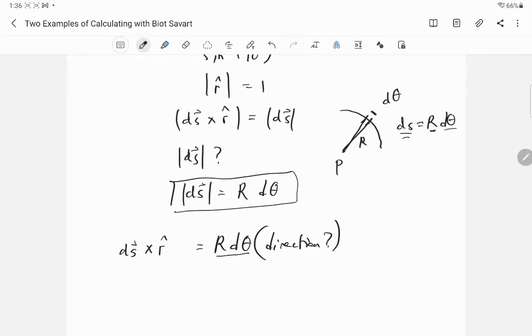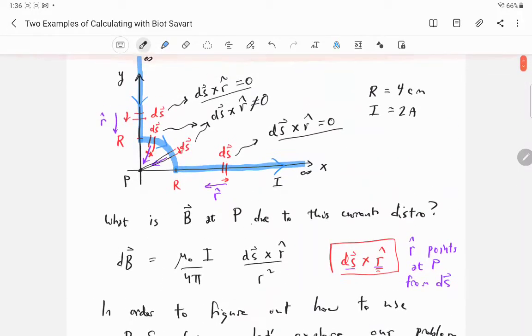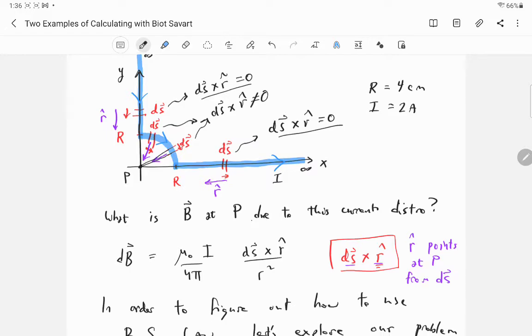I know its magnitude is r d theta, but I want to know what's the result of the cross product. And in order to do this, you have to use the right-hand rule. So you go in and you have a few representative ds's to check. And if you look at ds cross r hat on this first little arc length right here, if you use the right-hand rule, what you're going to find is ds cross r hat from this first segment is actually the negative z direction. It's negative k hat.